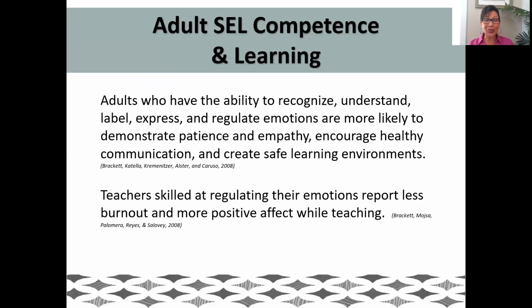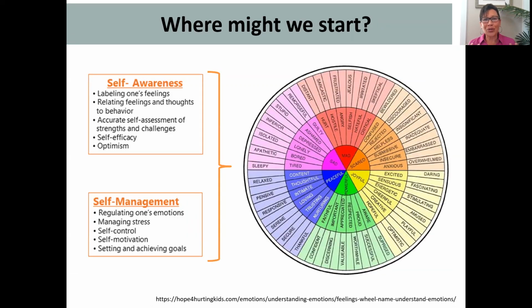But also we know that as teachers, if we also have those skills and strategies, then we're more likely to be better teachers, to build relationships with our students, to have that empathy and patience that we really need, to have those stronger communication skills, and to create a safe learning environment. We also know that when we're skilled at having agency over our emotions, we are less likely to burn out while teaching.